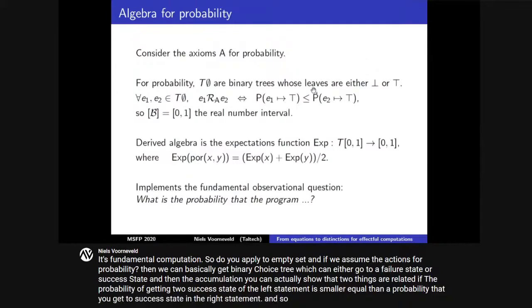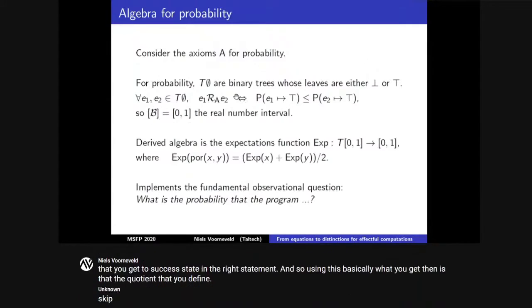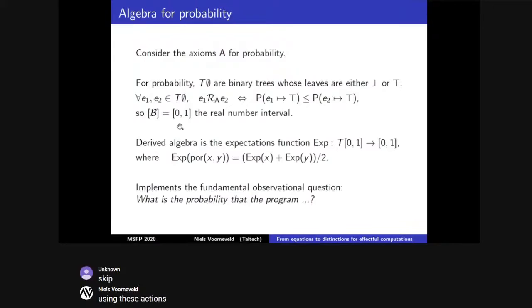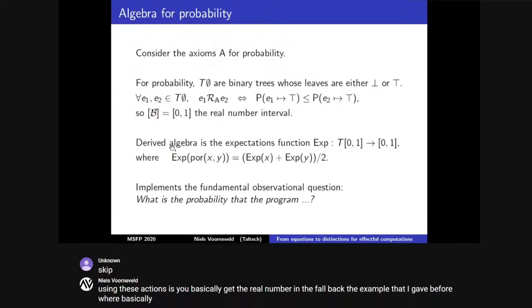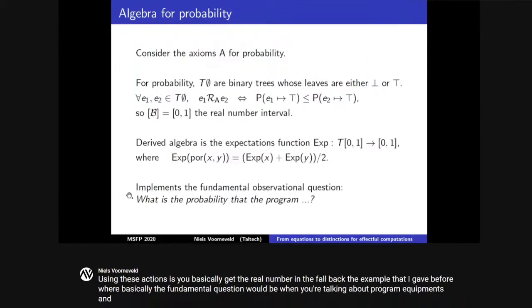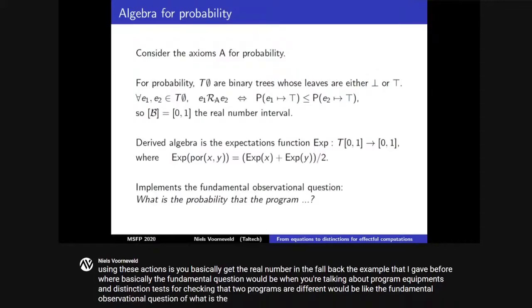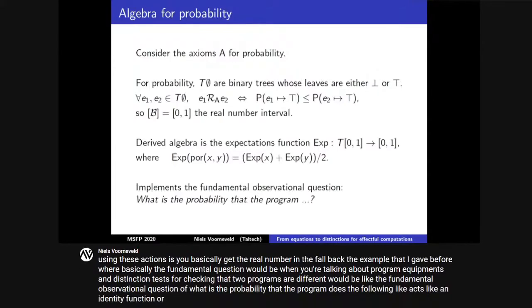And so using this, what you get is that the quotient that you define using these axioms is the real number interval back, the example that I gave before, where the fundamental question, when you're talking about program equivalence and distinction tests for checking that two programs are different, would be the fundamental observational question of what is the probability that the program does the following, like acts like an identity function or returns an even number.